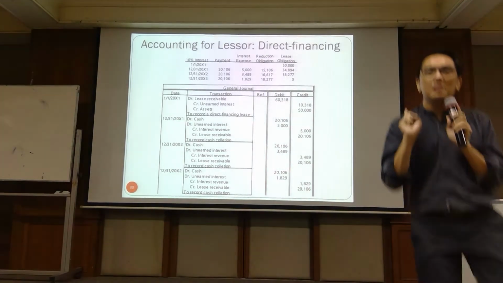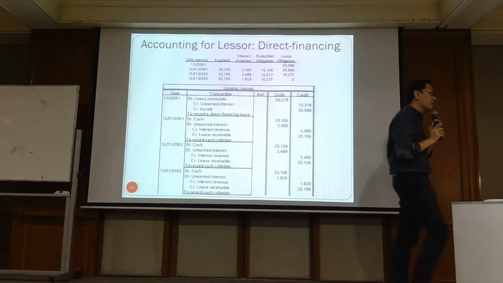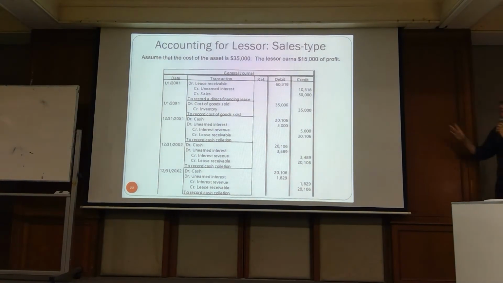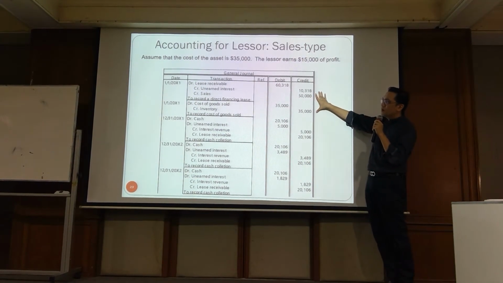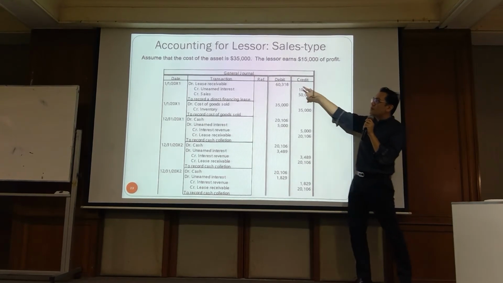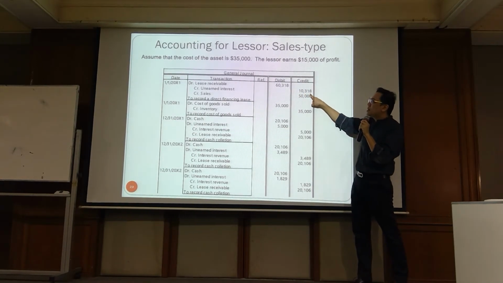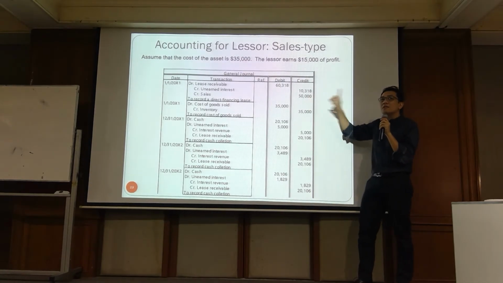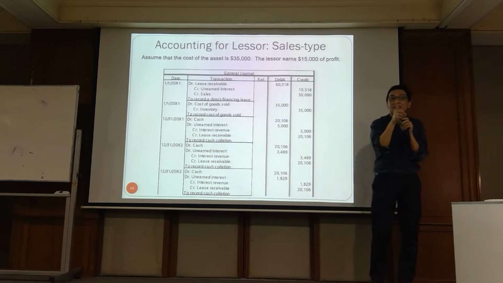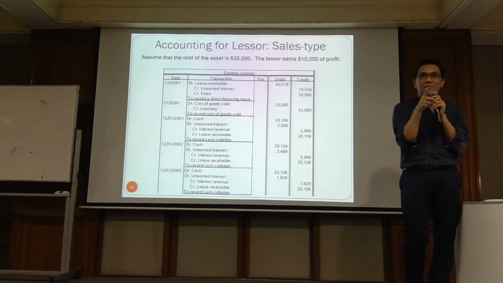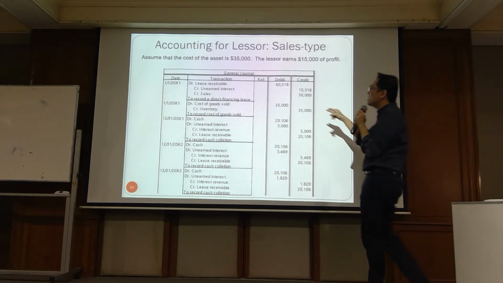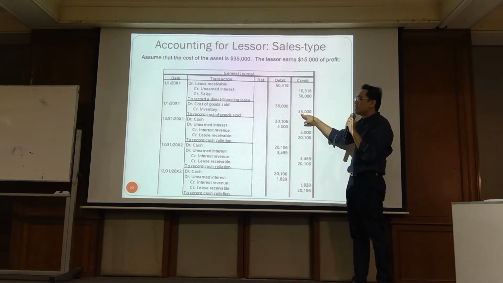And accounting people need to reflect what's going on. So look at the top part. Only this top part is different from the previous slide. Debit receivable, unearned interest, and rather than credit to the asset, you credit sales because you make a sale. Because that's a sale-type lease. And by making a sale, you should recognize cost of goods sold of your inventory.